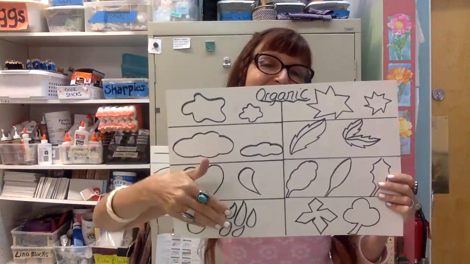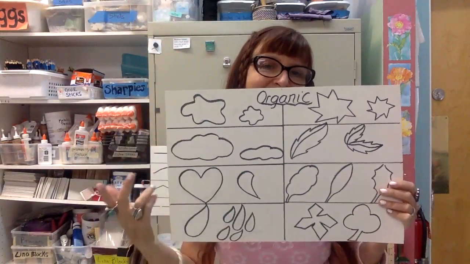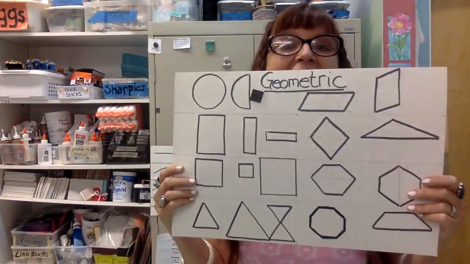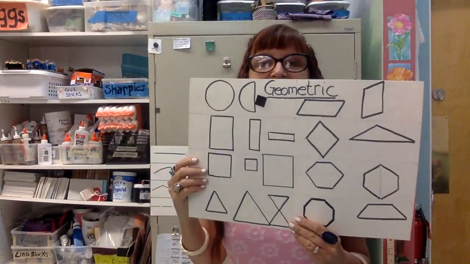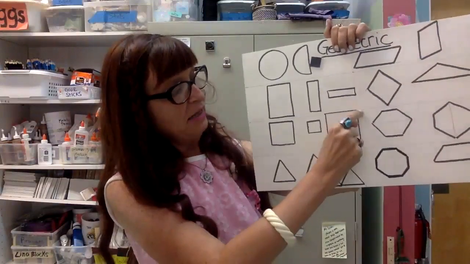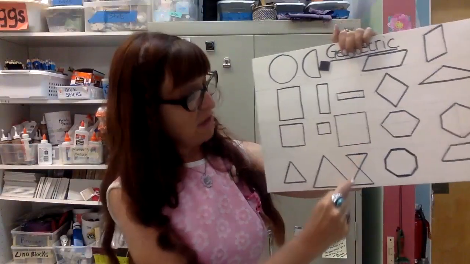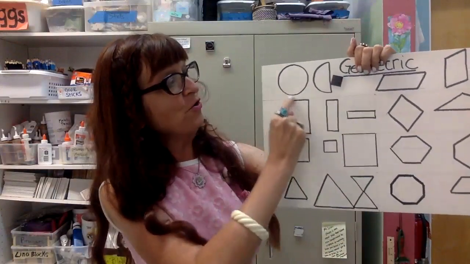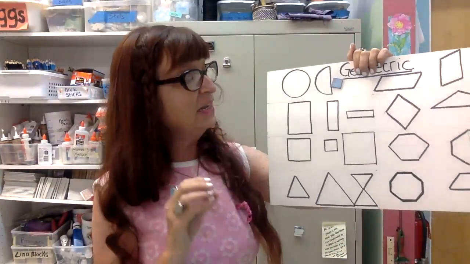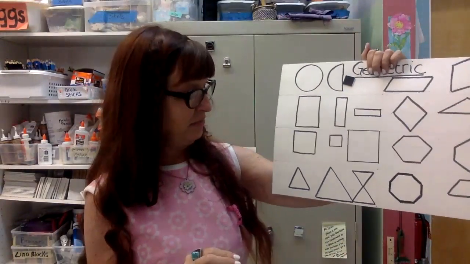A different category of shape is called geometric. And these shapes often have lines, whether they're straight or whether they're curved, like in a circle or a semicircle. And they often also have names.